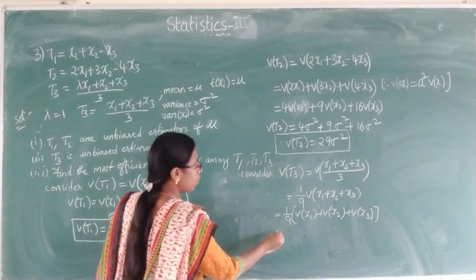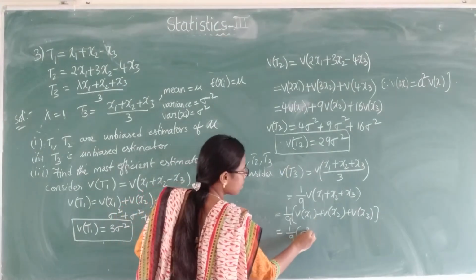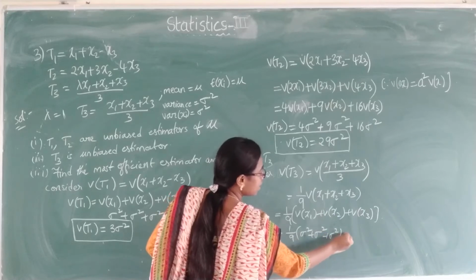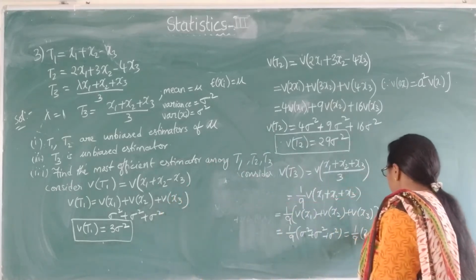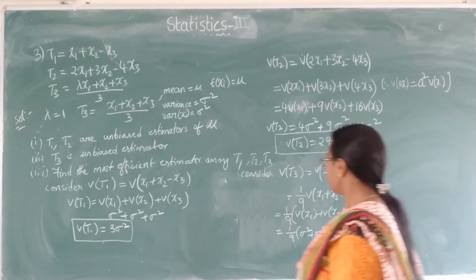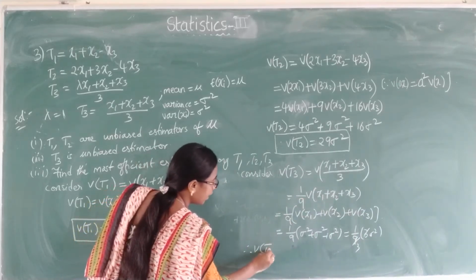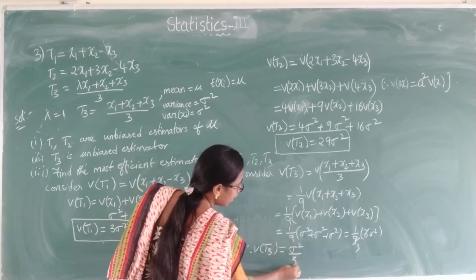Now substitute the variances: 1 by 9 into sigma square plus sigma square plus sigma square, that is 1 by 9 into 3 sigma square. 3 ones are 3, 3 threes are 9. So therefore variance of T3 is equal to sigma square by 3.